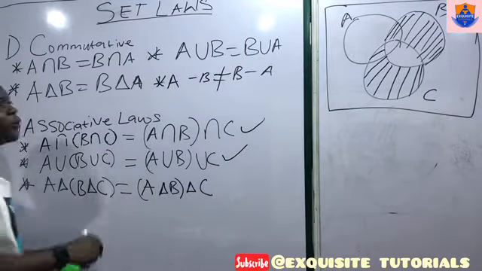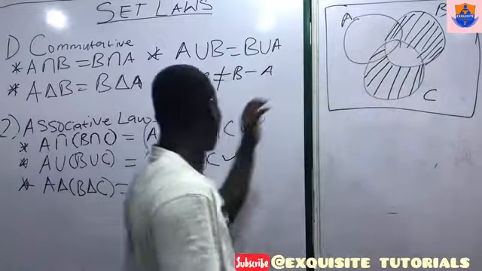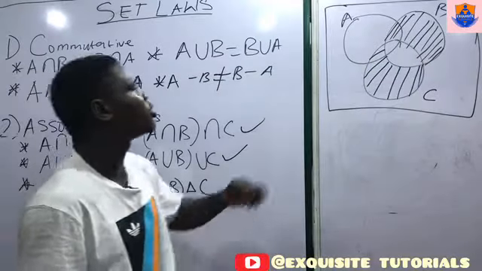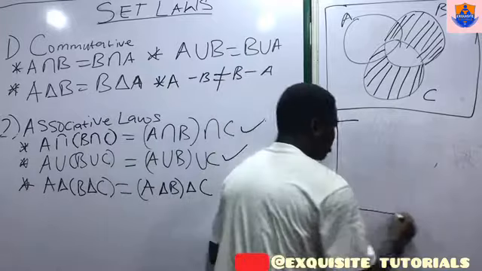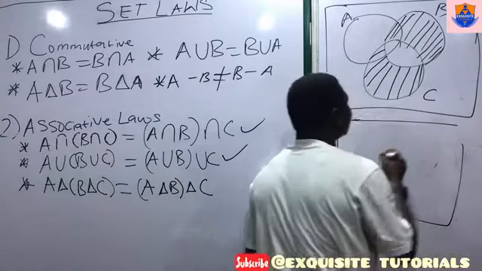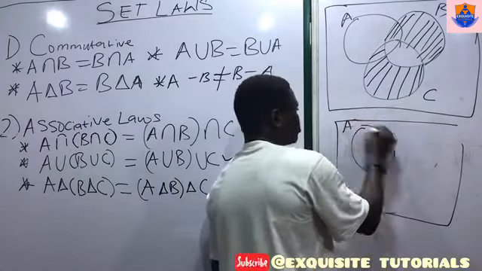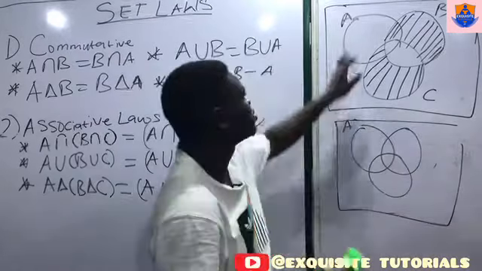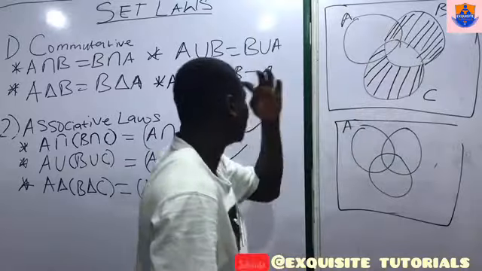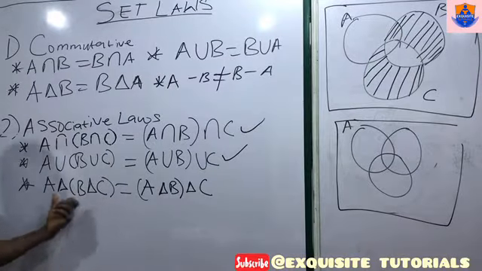Now we want to check for this whole part symmetric A. Let me redraw it like this. I want to compare this shaded region with A. Symmetric difference of this and this.